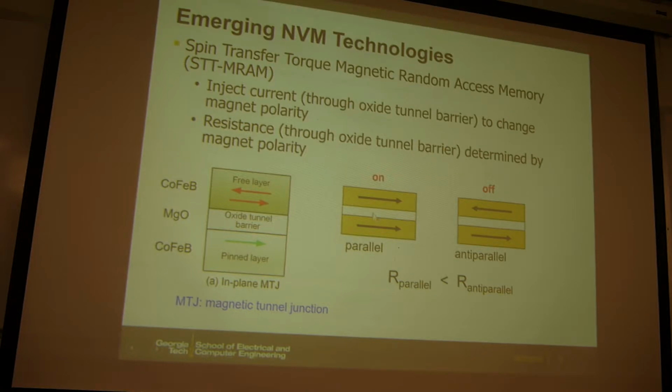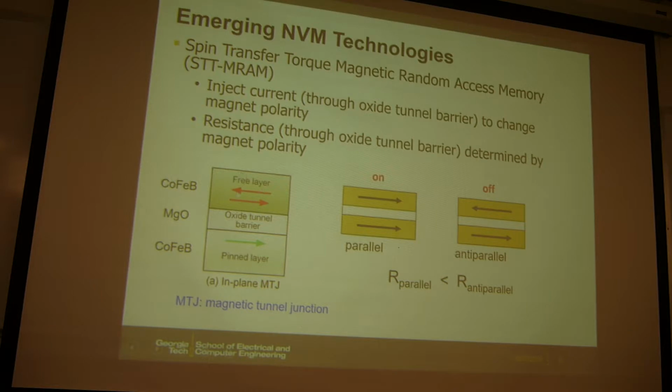The basic mechanism for this device is to tune the magnetization polarity of those two layers. Here we have the pinned layer, which means the magnetization polarity is always pointing, in this example, to the right.